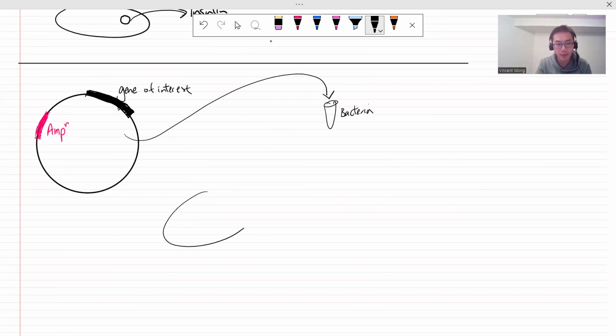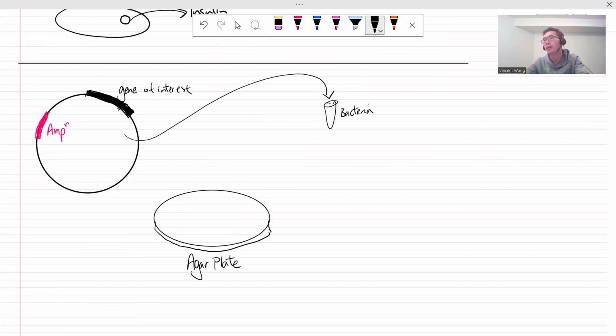Well, what we're gonna do is this: we're gonna have a plate. Okay, this is an agar plate. Let me Google it and show you what it looks like. There we go.